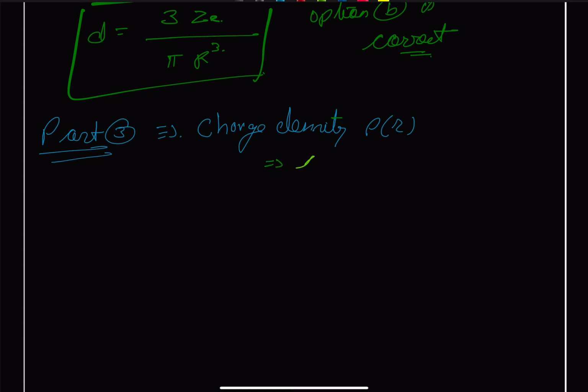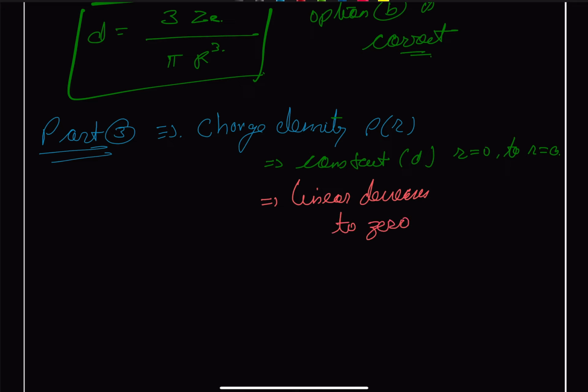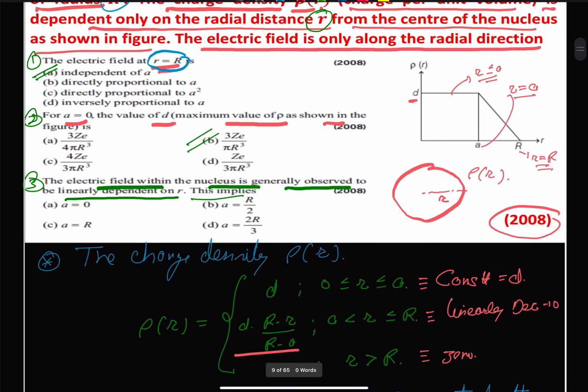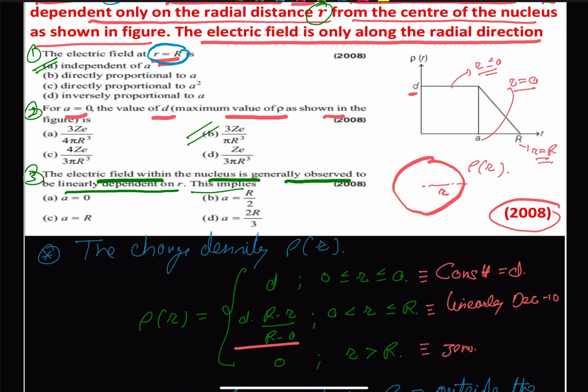First value is our constant value of d, and this is from r equal to 0 to r equal to a, and then there is a linear decrease to 0, and this is from small r equal to a to r equal to capital R. Okay, this is given to us, and we are also given in part C that the electric field within the nucleus is generally observed to be linearly dependent upon r.